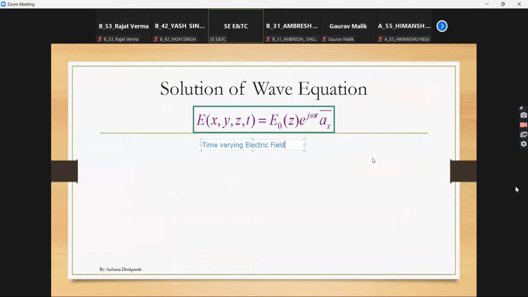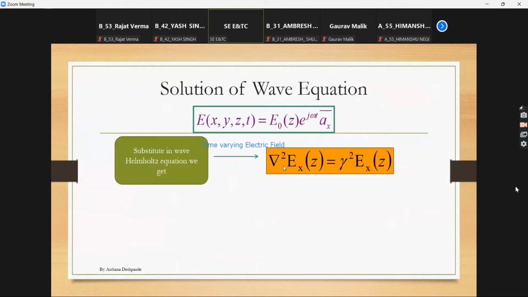Now, these changes I have put into the wave equation. So what was our earlier wave equation? Del square E is equal to gamma square E. This was our wave equation earlier.